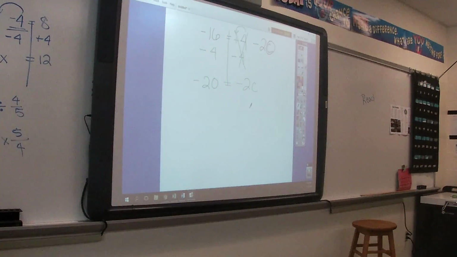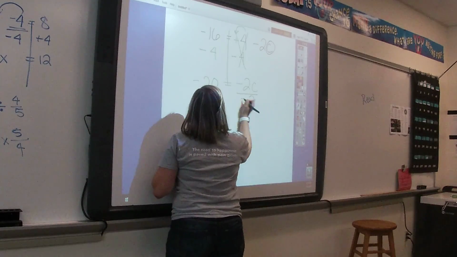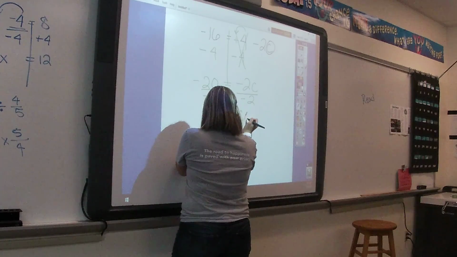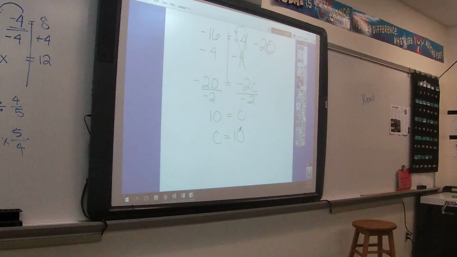How are we going to undo multiplying by a negative 2? Divide. Divide by it. If you want to flip this to a c equals 10, that's fine. One more problem, we're done with notes, and we're going to do an activity.